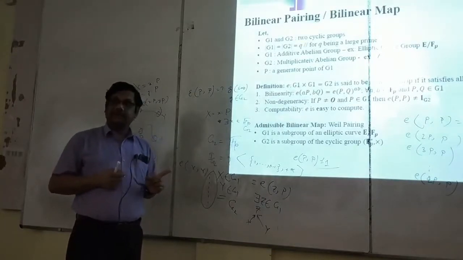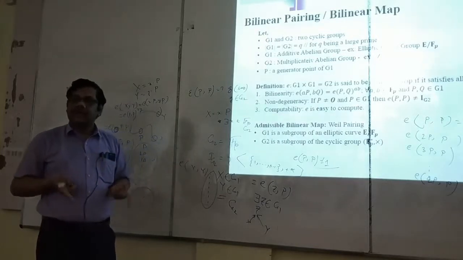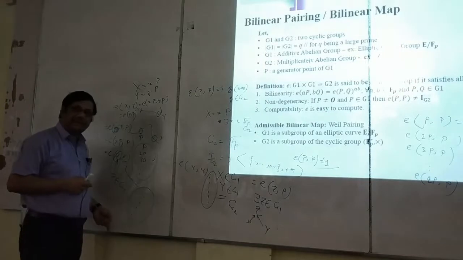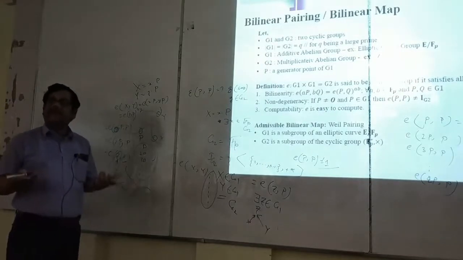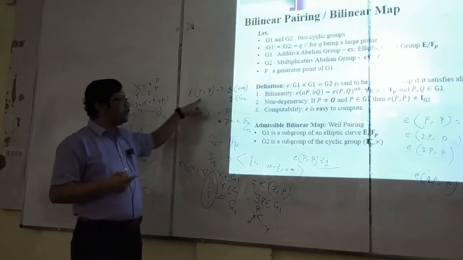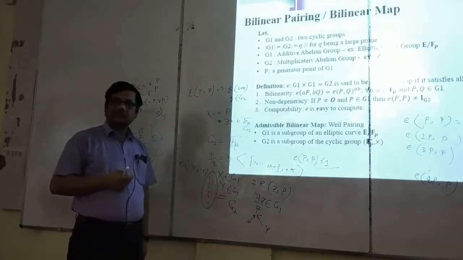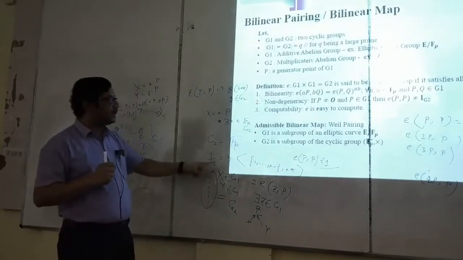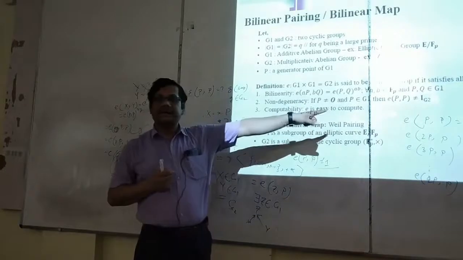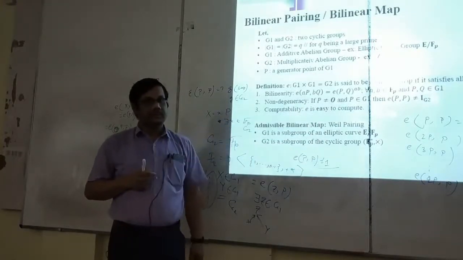Otherwise, the size of the subgroup is Q. That means it is generating all the elements in G2, so g is a generator of G2. Who is g? e(P, P). e(P, P) is a generator of G2. Proved: if e(P, P) is not the identity in G2, then e(P, P) is the generator of G2.